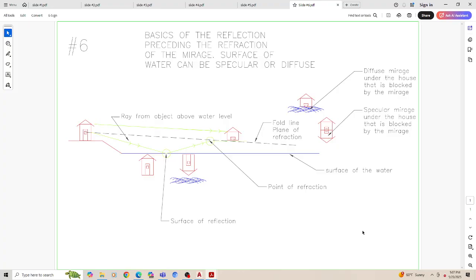The law of reflection. Light rebounds off of a surface, and that can be water, that can be the heated up gas layer that forms just above, and we're talking insignificant amount of space above hot asphalt, hot sand, something in that capacity.